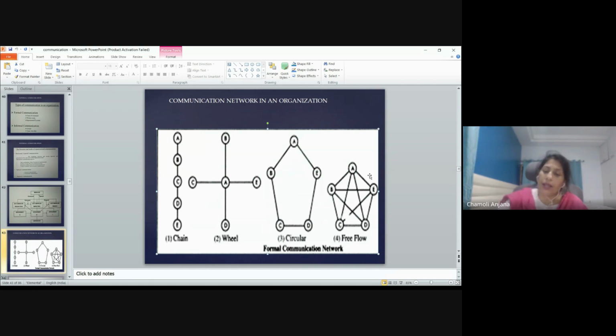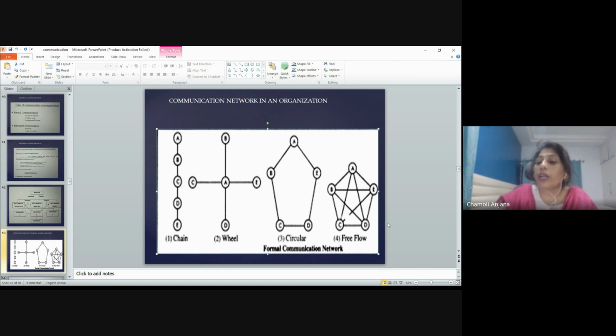But again, if there has to be a discussion among the members, then this network is very, very good, because there is a free flow of communication in all directions, with all the other employees. So all the employees are free to discuss. But here also, if the number of employees increases, sometimes it might become very noisy.